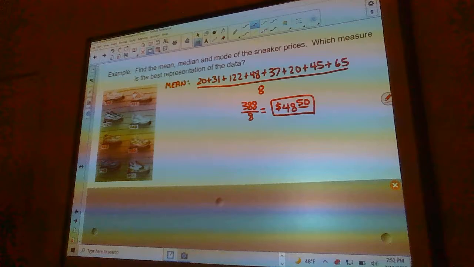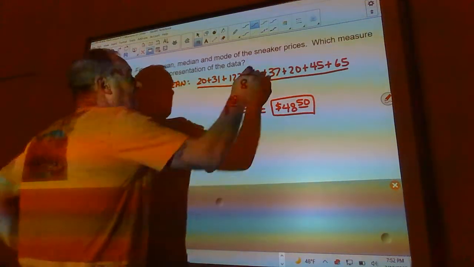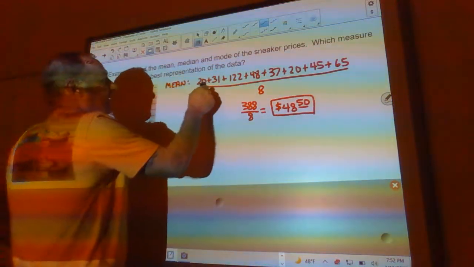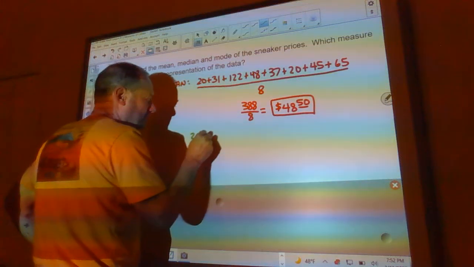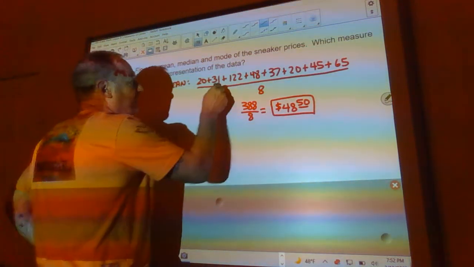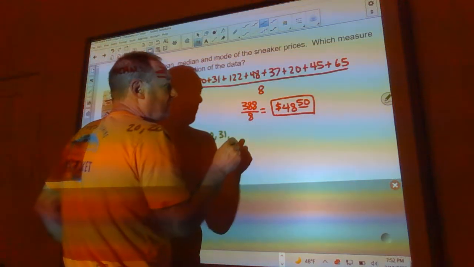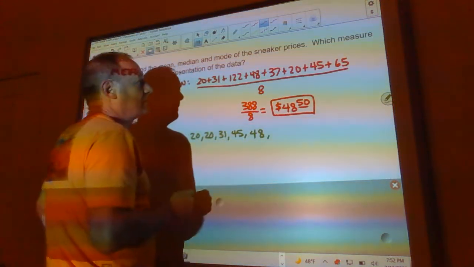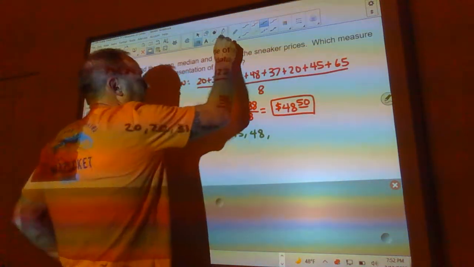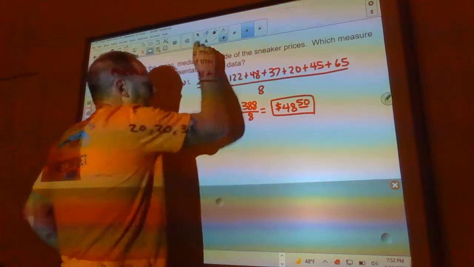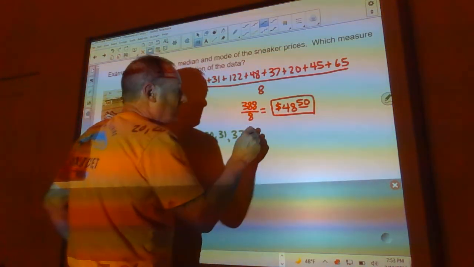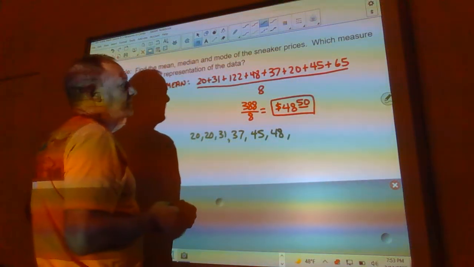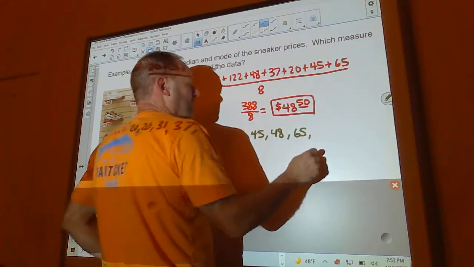Okay. Now, is there a median? Well, the first thing I got to do, really, is put these in order from smallest to largest. So I've got a 20 and another 20. I've got a 31, a 45, a 48. Oops, I forgot a 37, so that's going to go here. 37, 45, 48, 65, and 122.